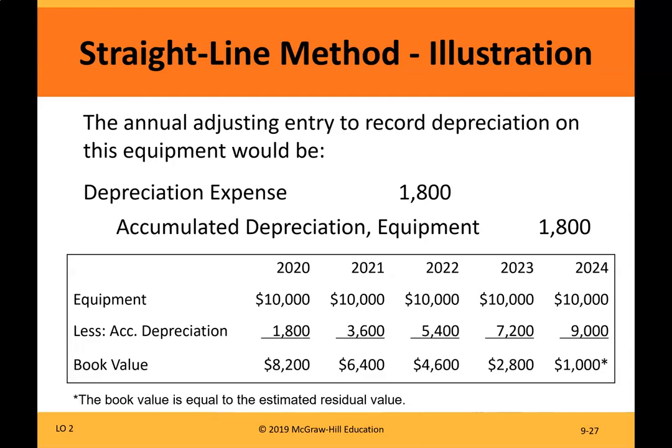And on your books, your equipment would stay at $10,000 and the accumulated depreciation will increase by that $1,800 every year. And then when it's subtracted, the book value becomes $1,800 less each year. The book value is equal to the estimated residual value.